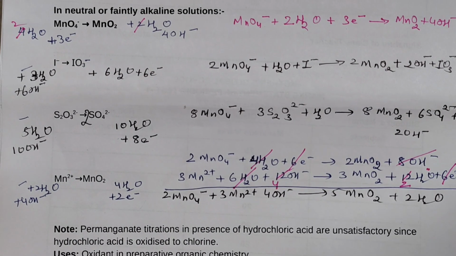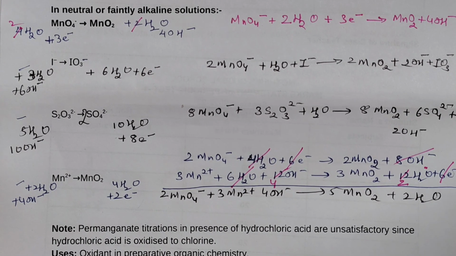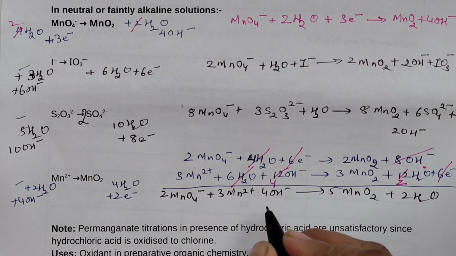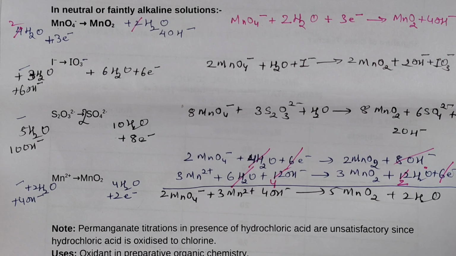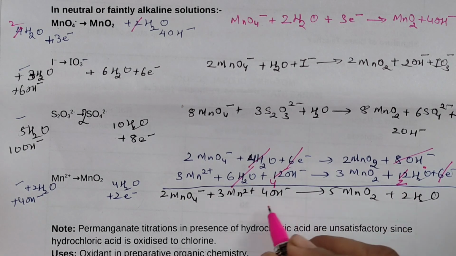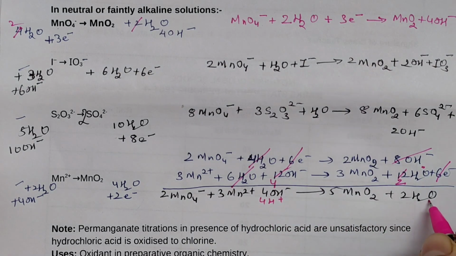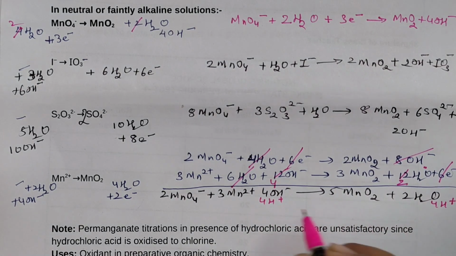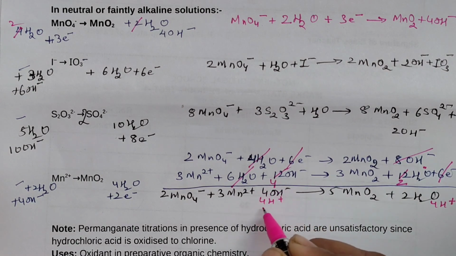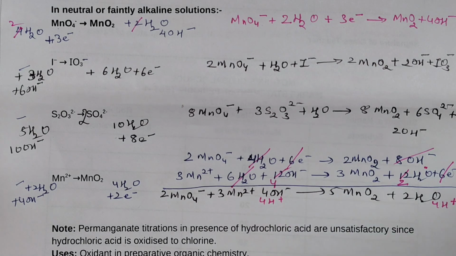But just to get that equation, what you are having in your NCERT book, what you do is you add 4 H plus on both the sides, left and right both. If I add 4 H plus on the left hand side and 4 H plus on the right hand side, this 4 H and 4 OH will combine and will form 4 water molecules.